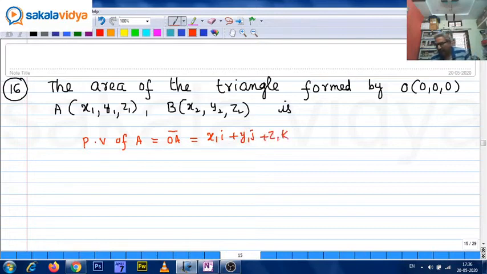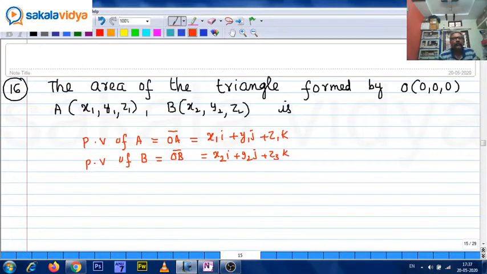I already told you there is an interrelation between 3D geometry and vectors. And the position vector of B, that will be OB, equal to x2 i plus y2 j plus z2 k.